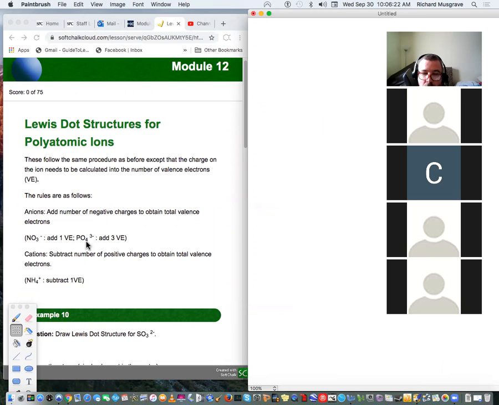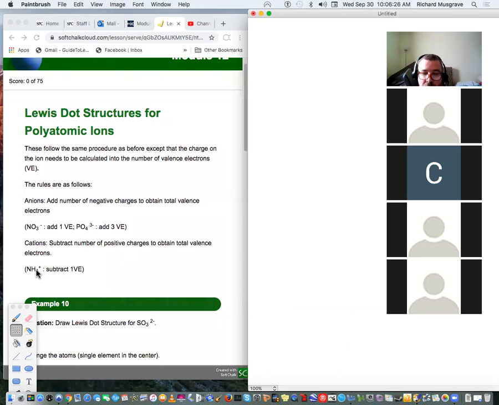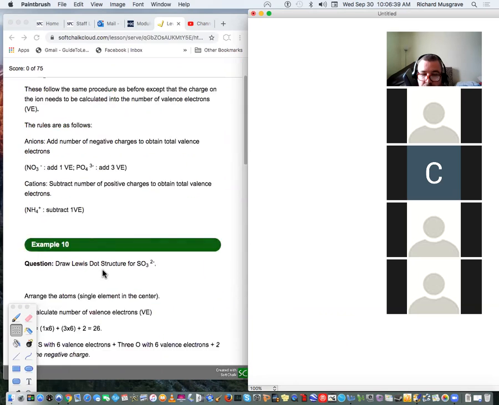For PO4 3 minus, we'd add 3 valence electrons. And if it was something like NH4 with a 1 plus on it, we would subtract 1 electron. Again, a positive charge means there's an absence of a negative charge, which would mean the absence of an electron.